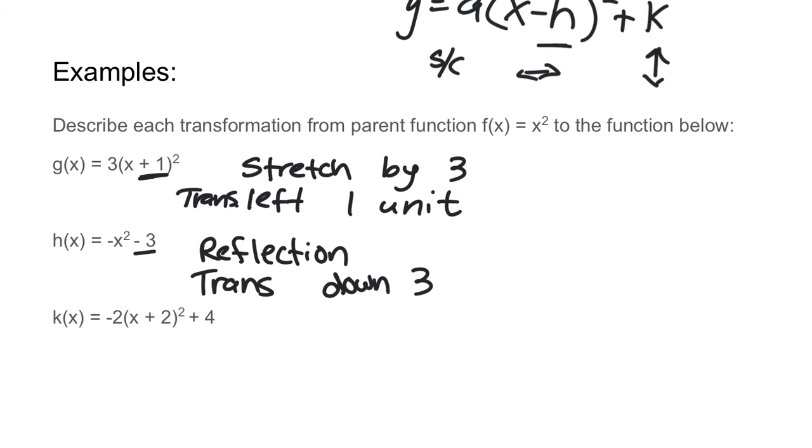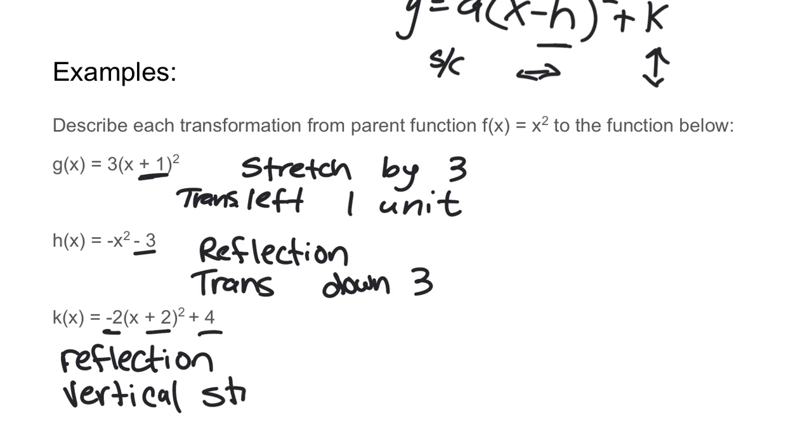So for this one, I've got a change in A, I've got a change in my H, and a change in my K. So a lot of things are happening here. So I've got a reflection because my A is negative. I have a vertical stretch by a factor of 2 because my A is a 2 instead of not being there at all.